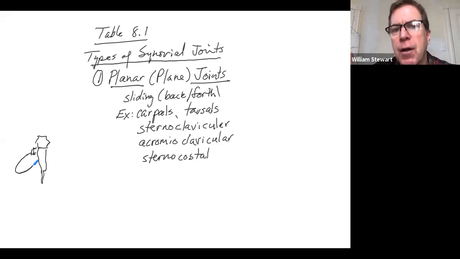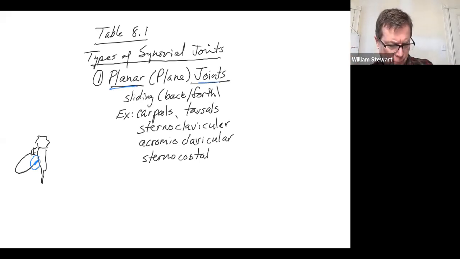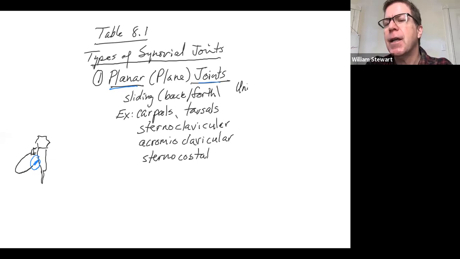But that joint of this costal cartilage right here is considered a planar joint. Okay, these are typically uniaxial. So let me highlight that. There is a tiny bit of rotation, so a tiny bit of biaxial movement.